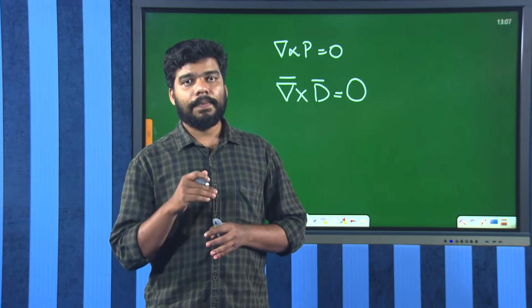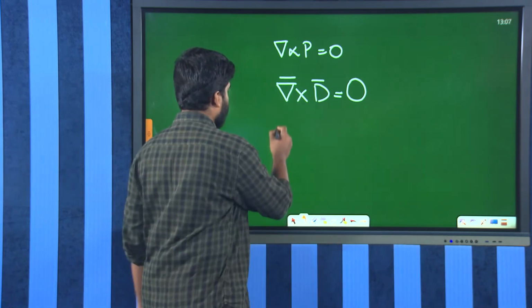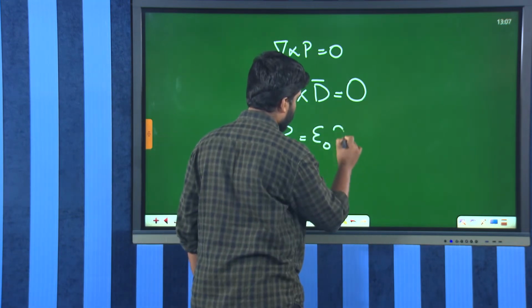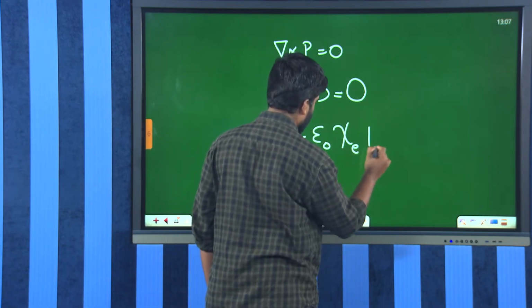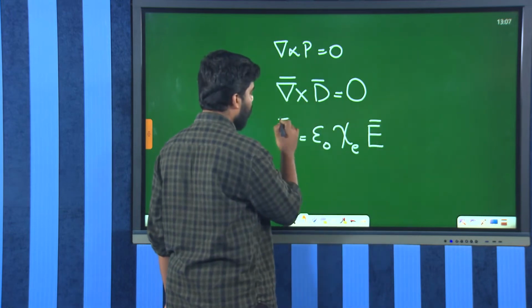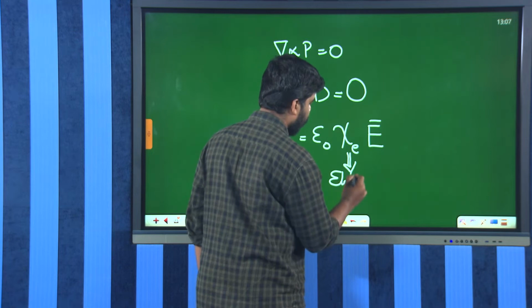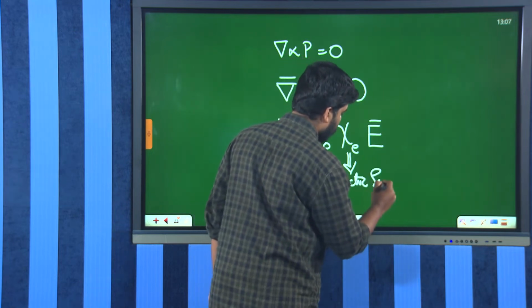So, P can be rewritten, the polarization has the new expression epsilon 0 chi E into E, and this chi E is called the electric susceptibility.